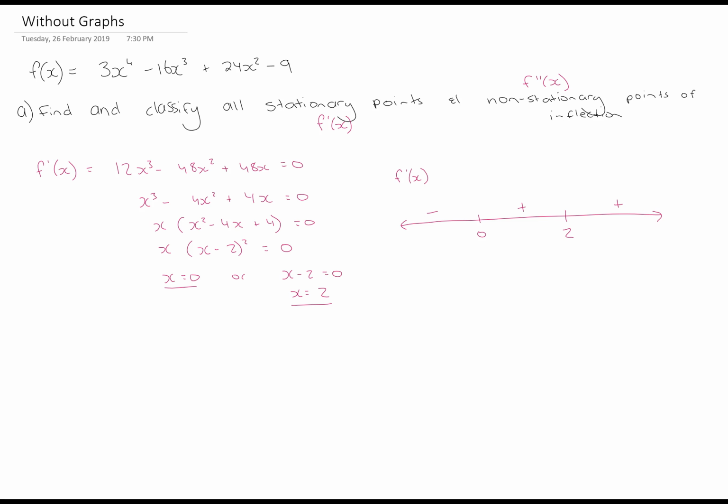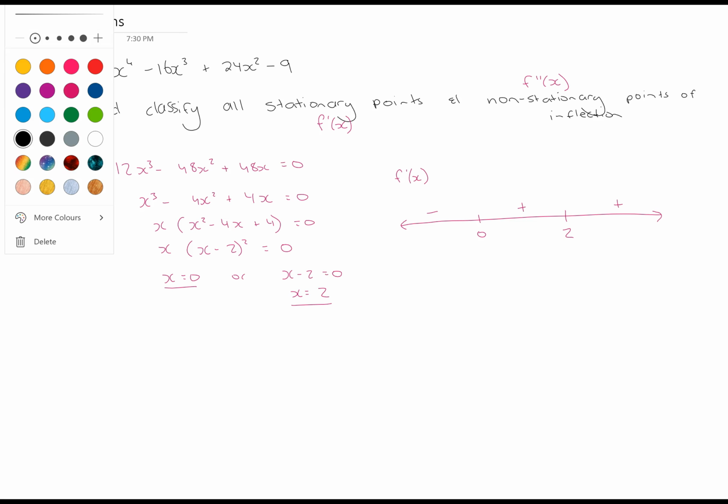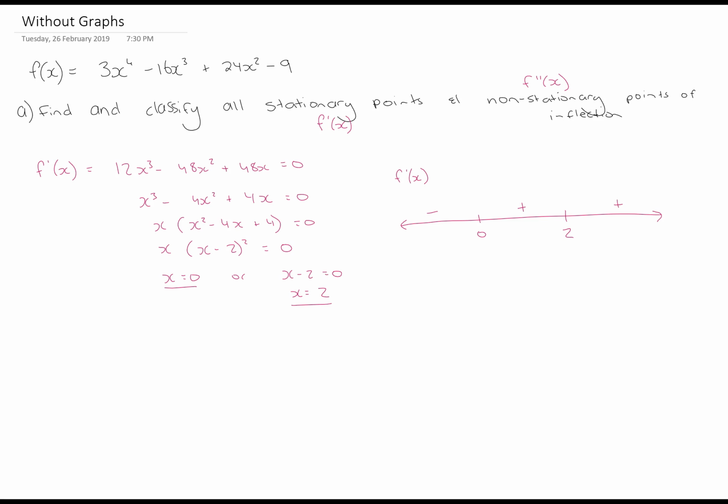So we want to use this to think about how our f of x would look. We're not really concerned with what the derivative looks like. And so what we do know is that, let's go purple, the 0 is a minimum because the slope goes from negative to positive.